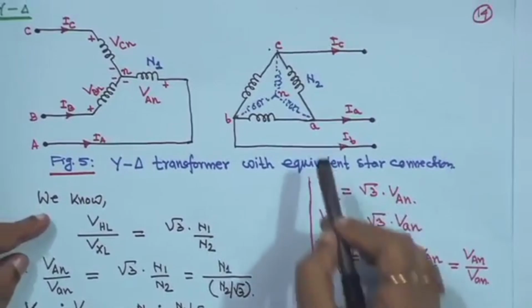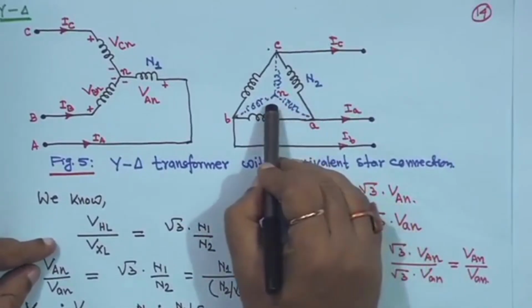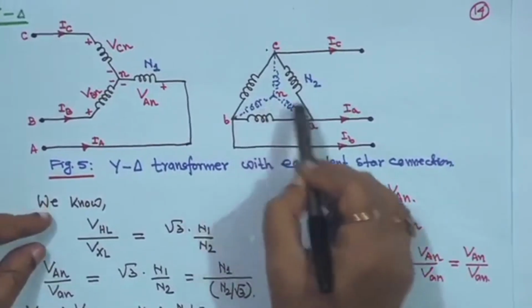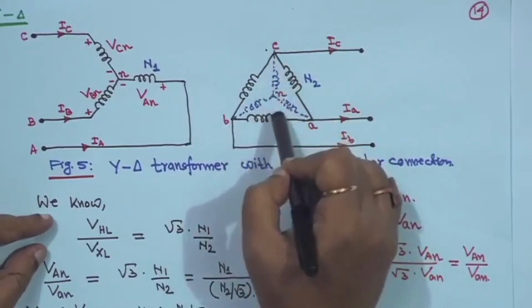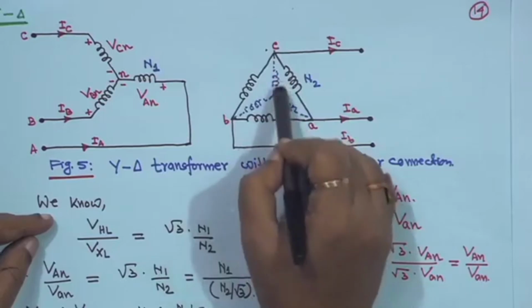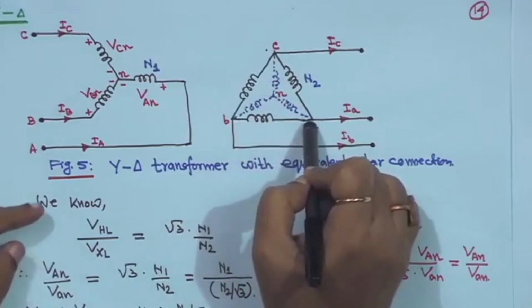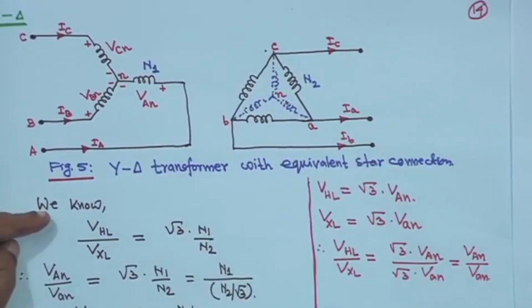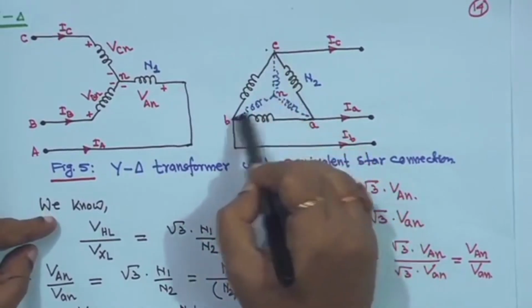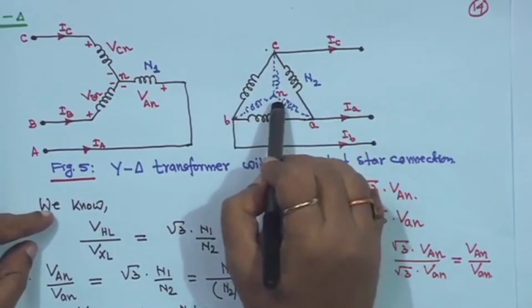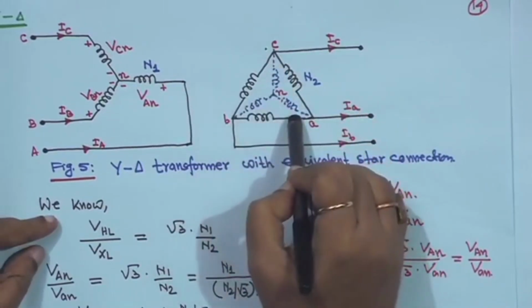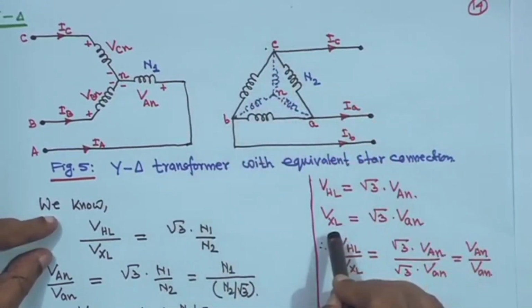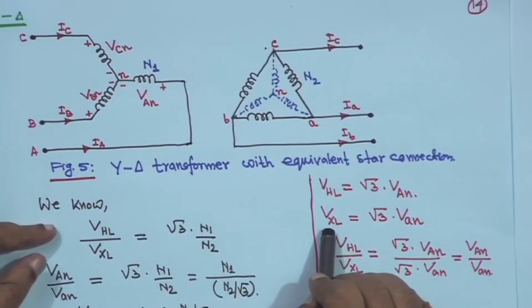That means this van is actually the equivalent star, right. We are assuming this delta can be made an equivalent star. In reality this star is not there. For mathematical representation, this is an equivalent star and neutral is available. For the delta case, if this equivalent star is available, then X stands for the low voltage side.